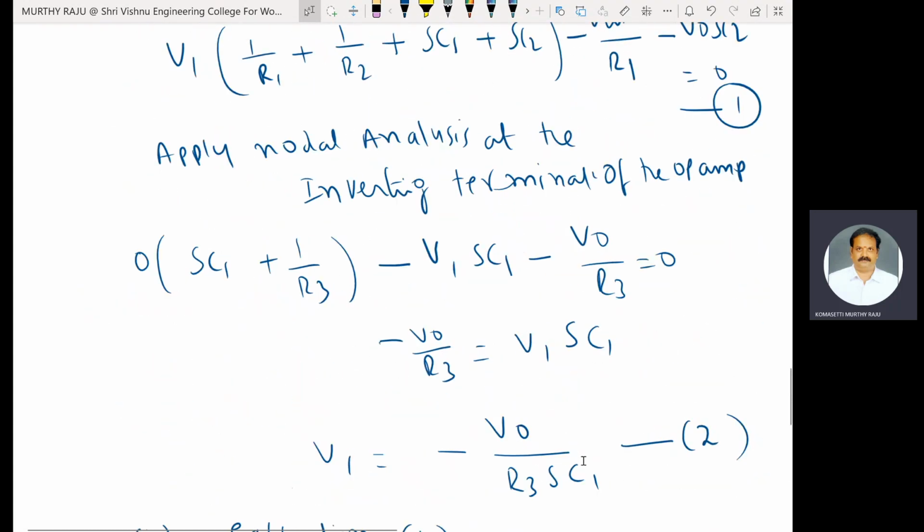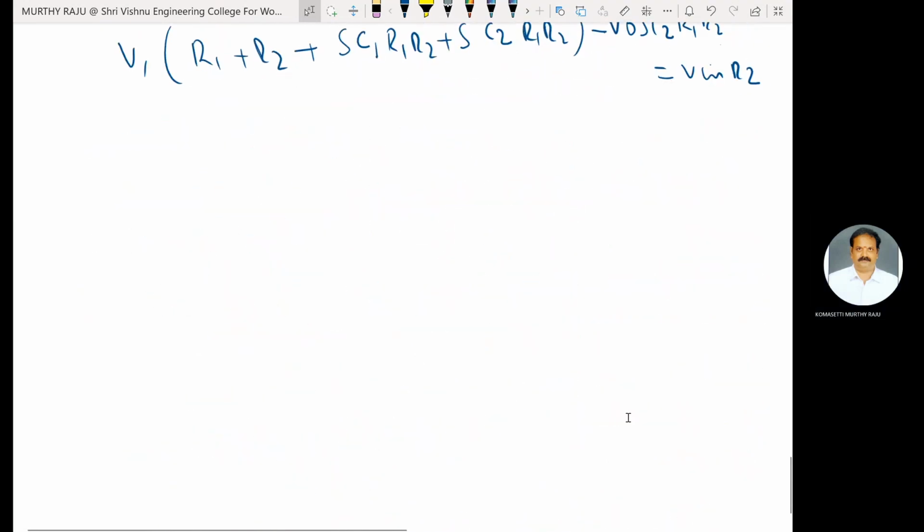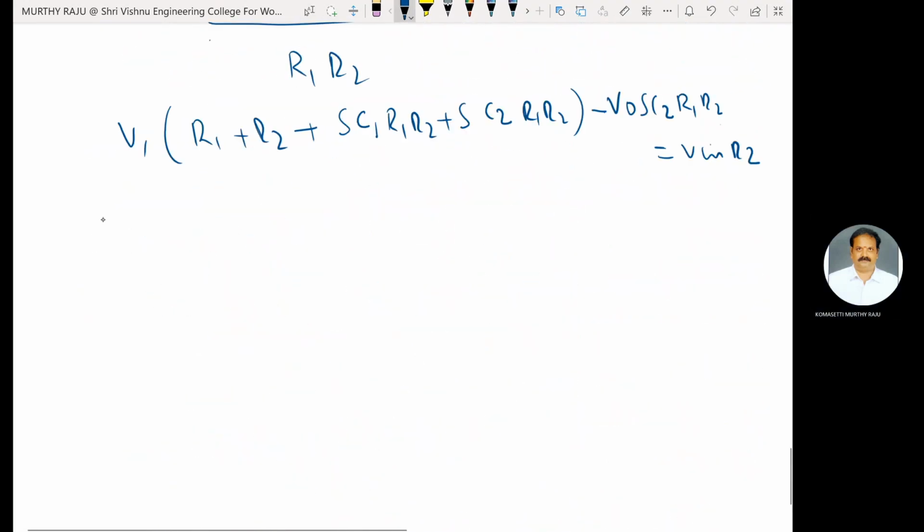But from the second equation, V1 is equal to minus V0 by R3 SC1. Substitute V1 here.